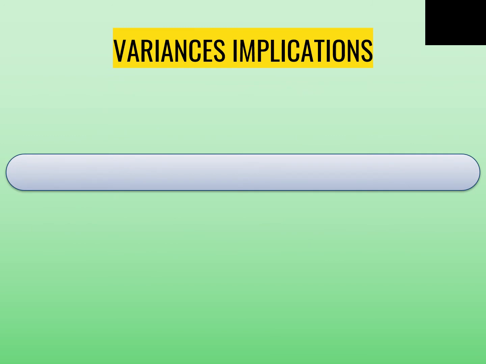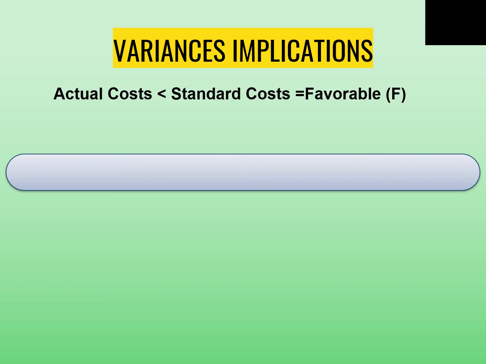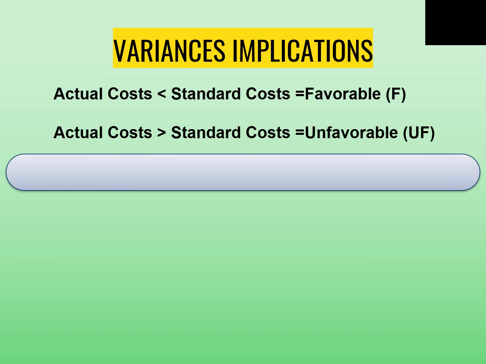Now, look at variance implication. If actual cost is lower than the standard cost, we get favorable. Otherwise, if actual cost is higher than standard cost, we get unfavorable.